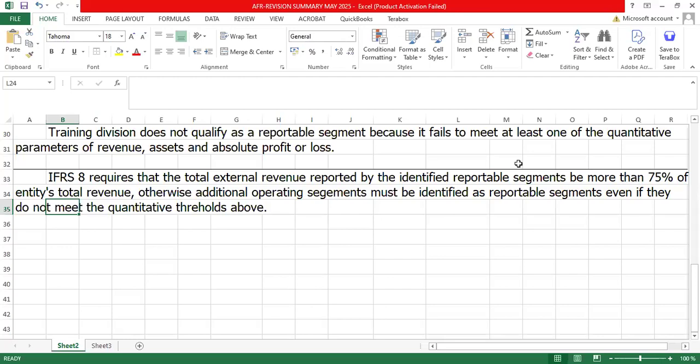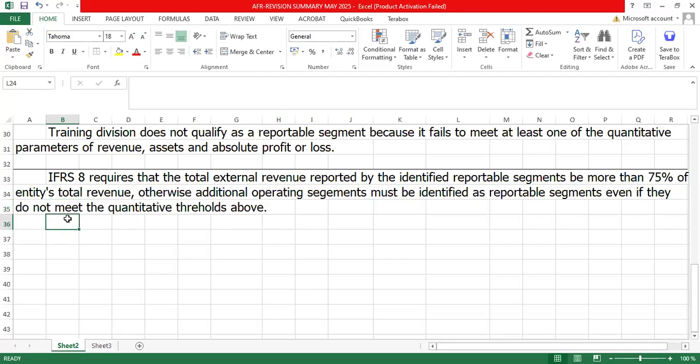If you find that it's not above 75%, then additional operating segments must be identified as reportable segments, even if they do not meet the quantitative threshold above. It means that you take the remaining segments, aggregate them, and report them as a single segment, okay?